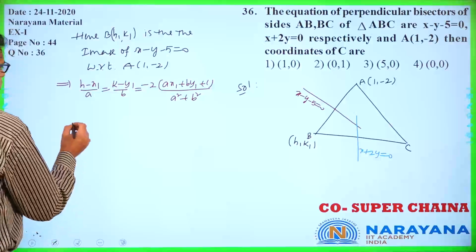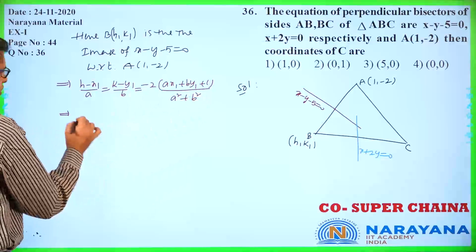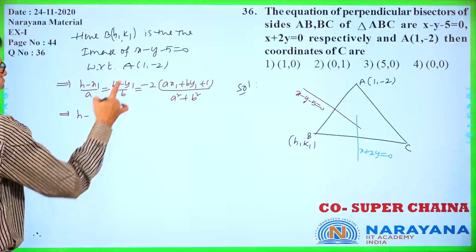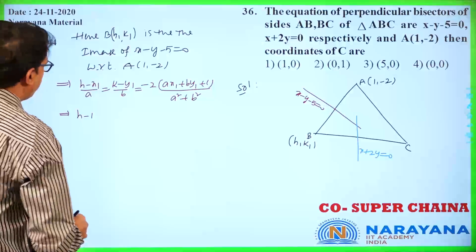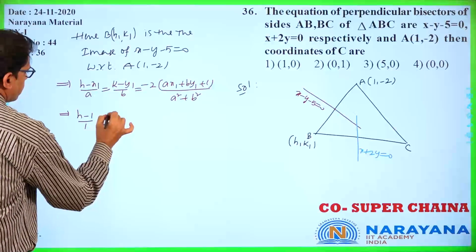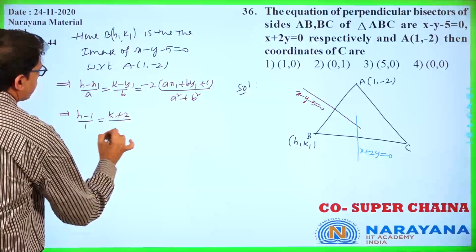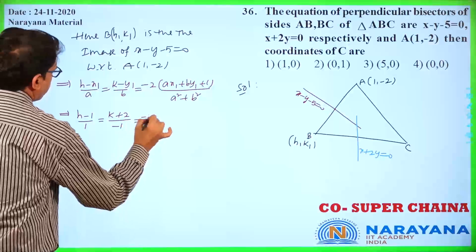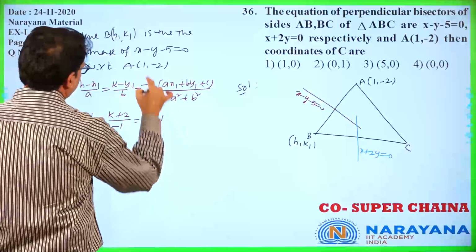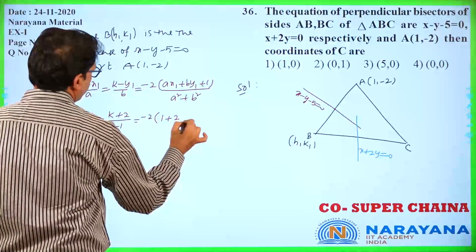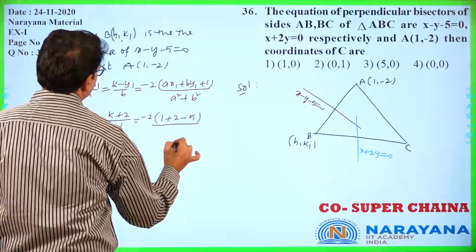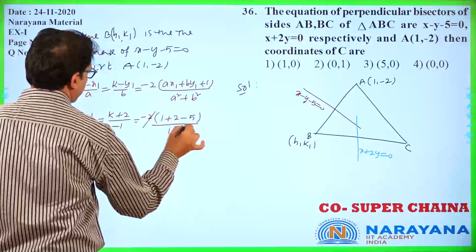Now apply the values. In the place of h we have h1, so h1 minus x1, the point is 1, by a, which is 1. And (k1 plus 2) by minus 1 equals minus 2 times (1 plus 2 minus 5) by (a square plus b square). Here the 2 cancels out.